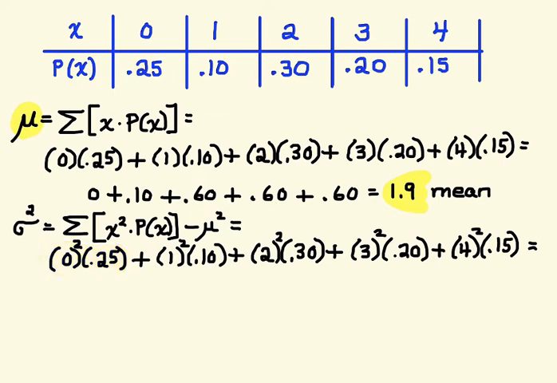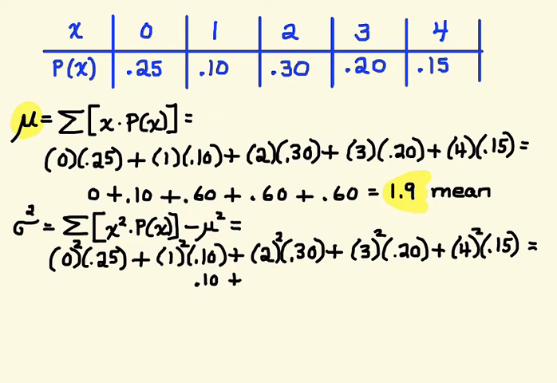So let's go ahead and move on to the next one. Our next one is here. We're going to take 1 squared and multiply by 0.1. Well, 1 squared is 1, and 1 times 0.1 is 0.1, so this becomes 0.10 plus.